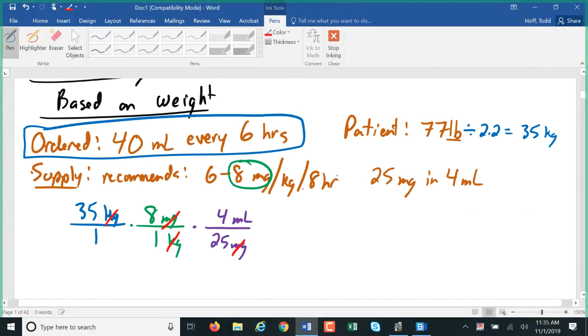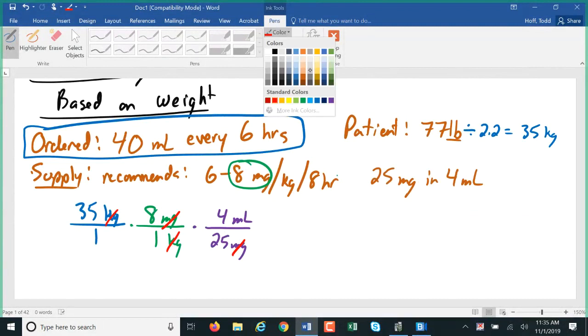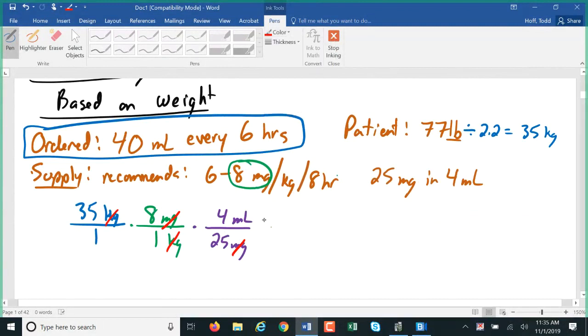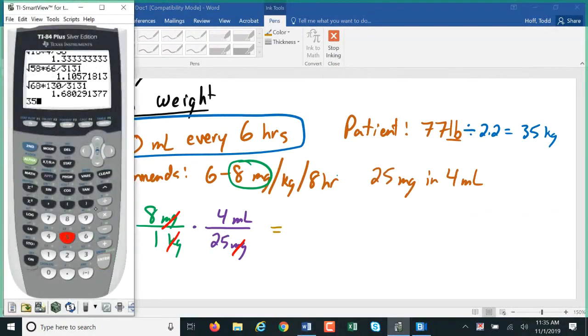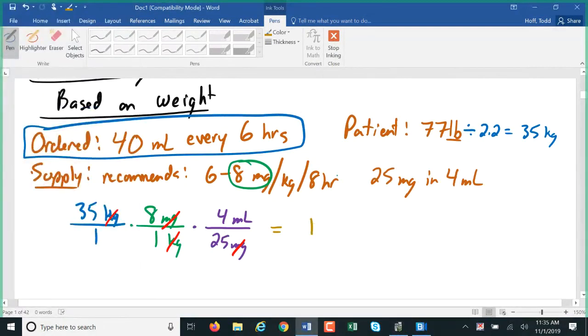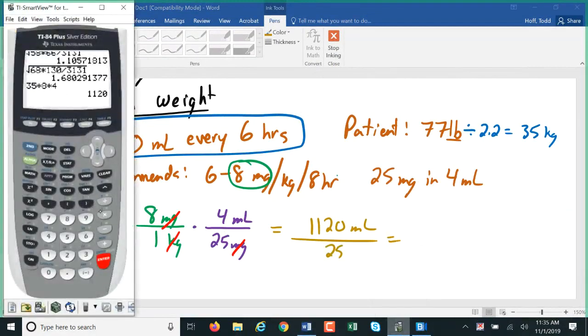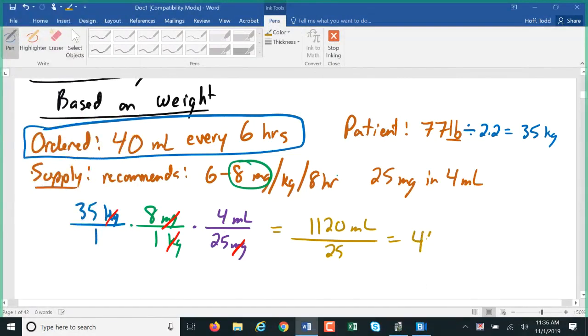On top here, 35 times 8 times 4 gives us 1,120. On bottom, we just have the 25. So divide that by 25: 44.8.